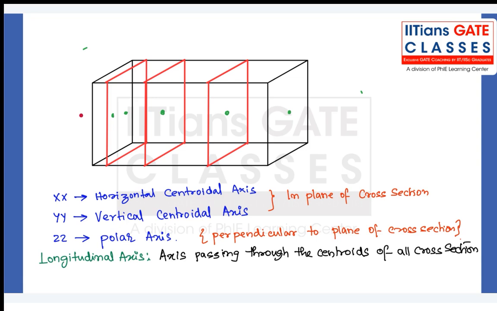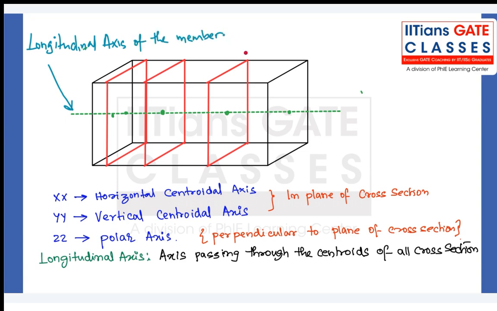So if I draw a line which is passing through all the centroids, then this line is the major axis of the element, which is known as the longitudinal axis of the member.